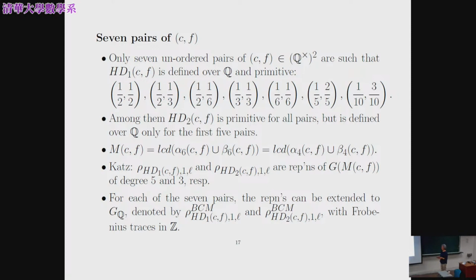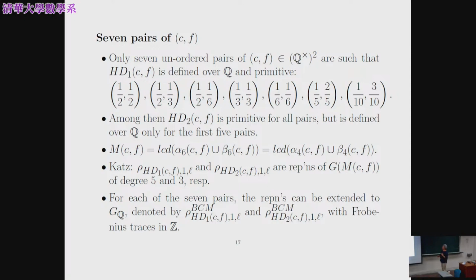Now, because the datum is defined over Q for the first datum, we know the CATS representation can be extended to the Galois group of Q to become the BCM representation. And for the second datum, for the first 5 pairs, we can extend. But it turns out that for the last 2, although the datums themselves are not defined over Q, the representations can be extended.